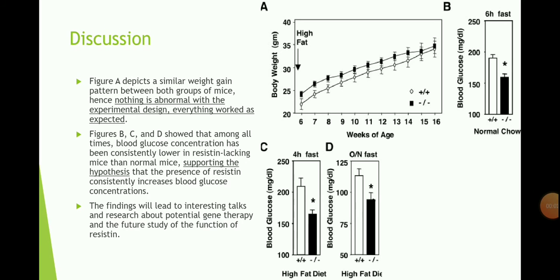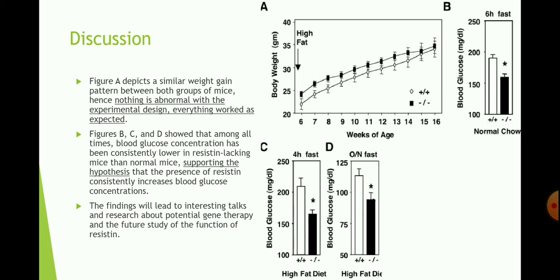Figure A depicts a similar weight gain pattern between both groups of mice. Hence, nothing is abnormal with the experimental design. Everything worked just as expected. Figures B, C, and D show that among all times, blood glucose concentration has been consistently lower in resistin-lacking mice than in normal mice, supporting the hypothesis that the presence of resistin consistently increases blood glucose concentrations.